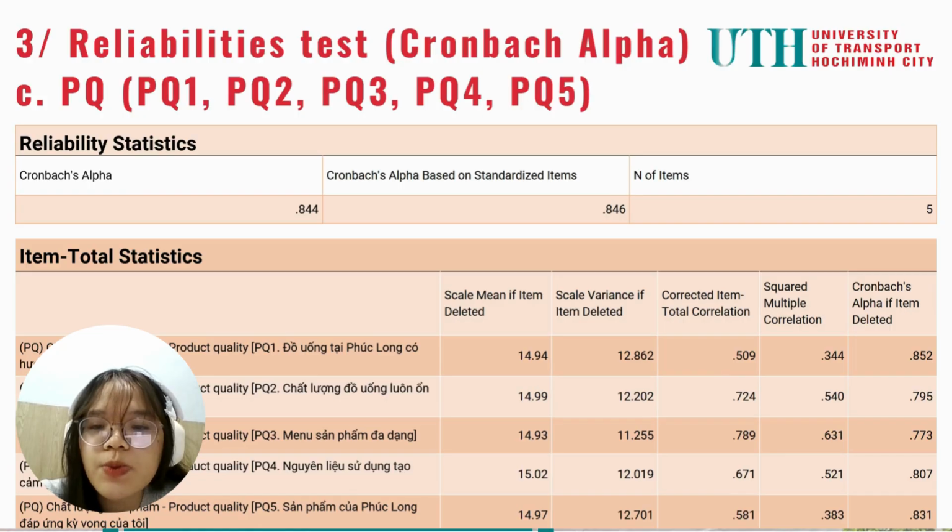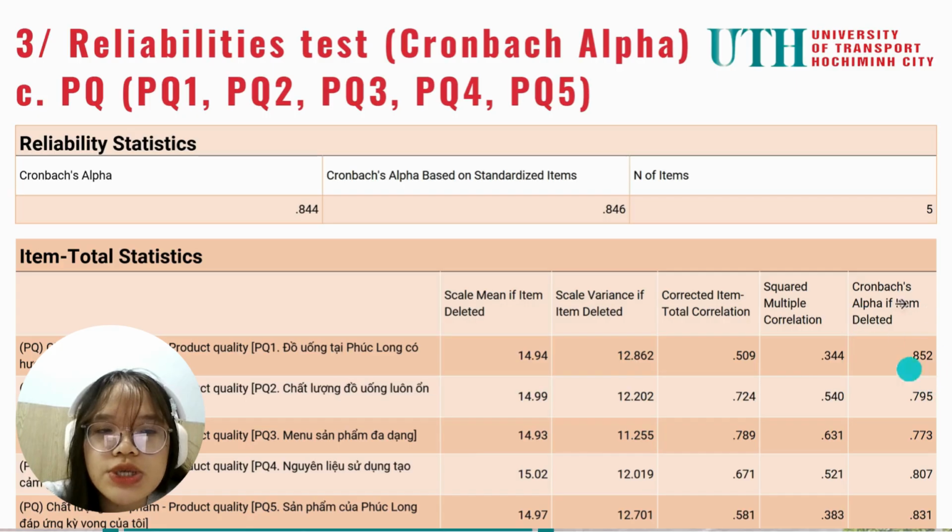Coming to the product quality, the Cronbach's alpha was 0.844, indicating good reliability. However, PQ1, in the first line, has the lowest corrected item-total correlation at 0.509.